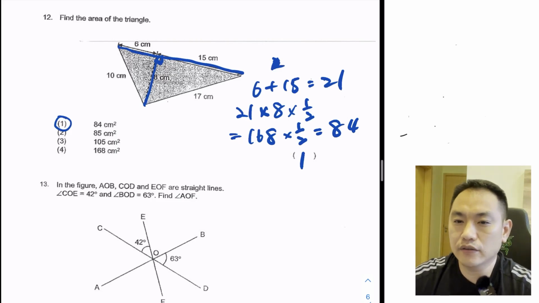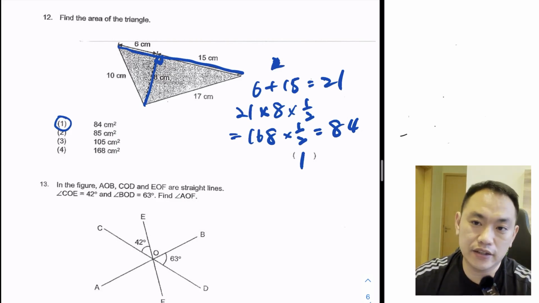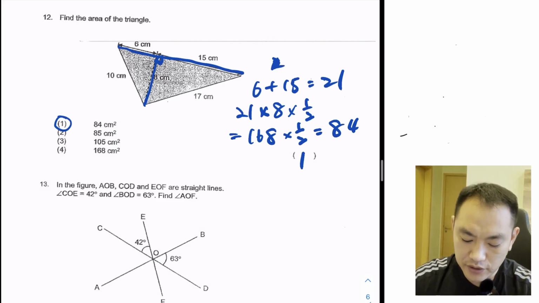For example, another kind of question, they will draw a couple of straight lines, and some of them they will say it's a straight line, but there will be some lines that look like a straight line, but if they didn't tell you it's a straight line, then you cannot assume it's a straight line, and you cannot use any theory about straight lines on the pictures. Okay, so just be very, very careful. Only use the information they provide to you, and if the information is not there, you cannot assume it. Okay, so that's a little bit of a trap on this one.